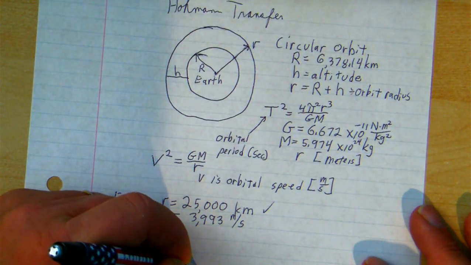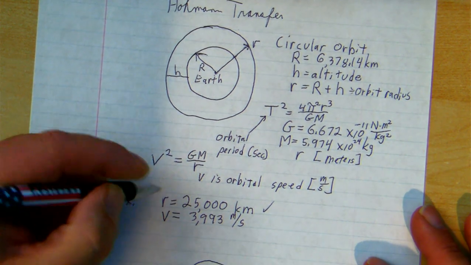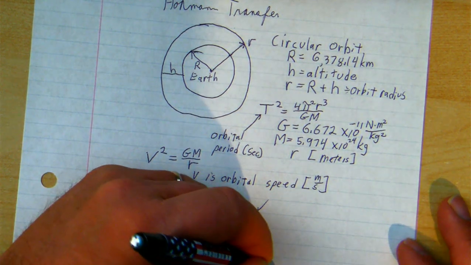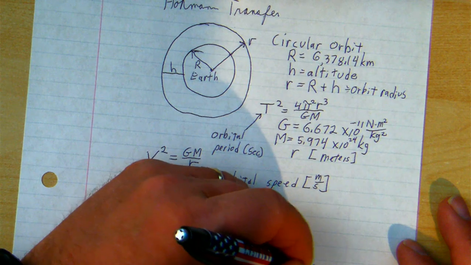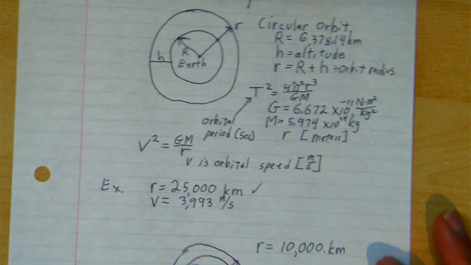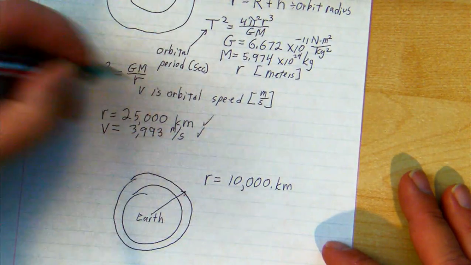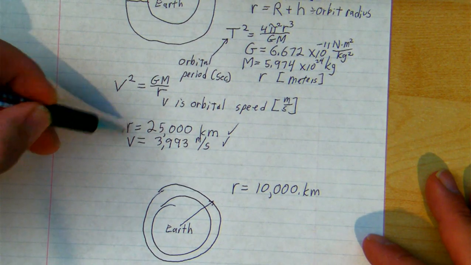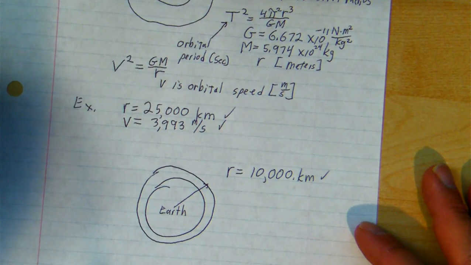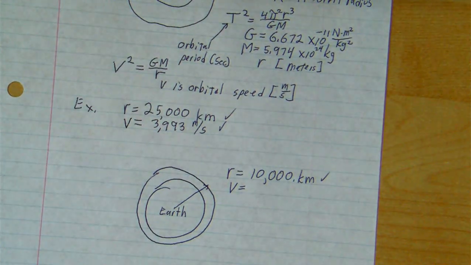So I will draw the second orbit not to scale, and the student generated value was, let's go to an orbit radius, again, that saves time, of 10,000 kilometers. So in this case, calculate once again the two things that we need to know, orbit radius and orbital speed. So being given orbit radius, calculate please, what is the orbital speed?